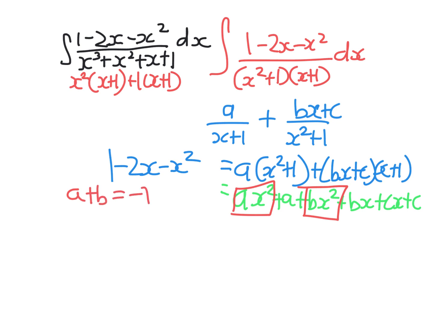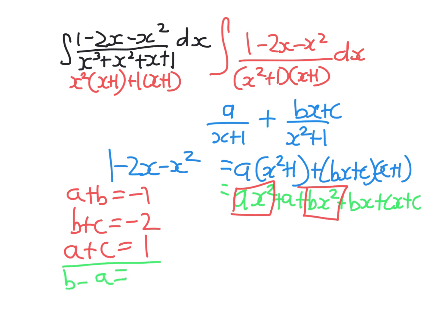Similarly, we do that for the terms with just an x. So we have B + C is negative 2. And finally, looking at the constant terms, we have A + C equal to 1. Let's use these last two equations to eliminate C, which we can do by subtracting. That gives us B − A = −2 − 1, which is negative 3.